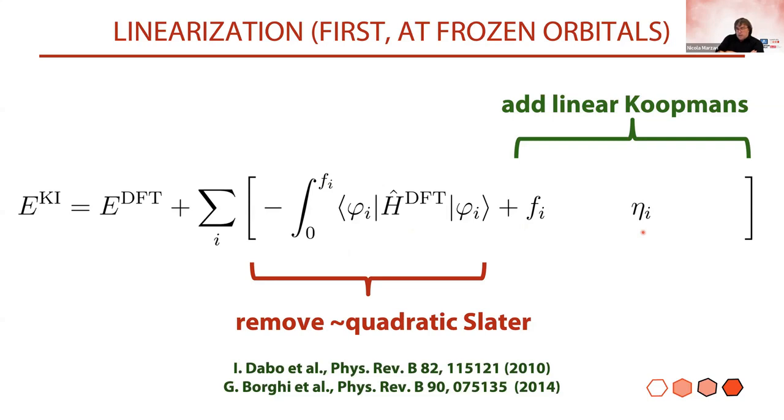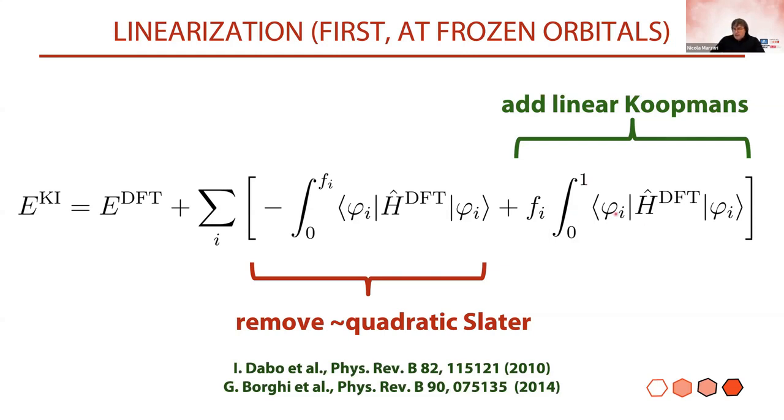So you see, the second term that we add is linear in the occupation f_i, and the only question is what is the slope, what is eta_i? It's very simple to take as the slope the difference in energy between the two extrema. Density functional theory does a very good job for the energy at integer occupations.